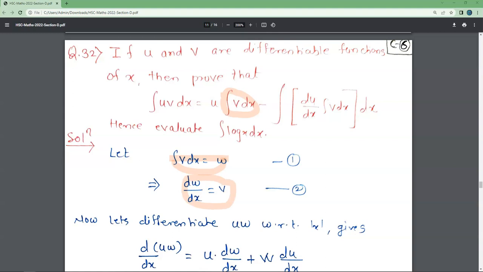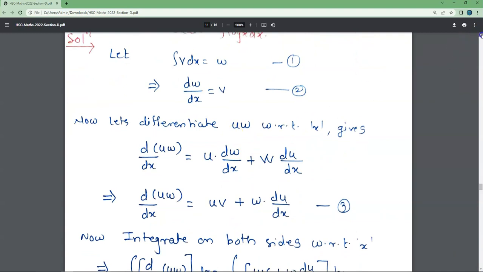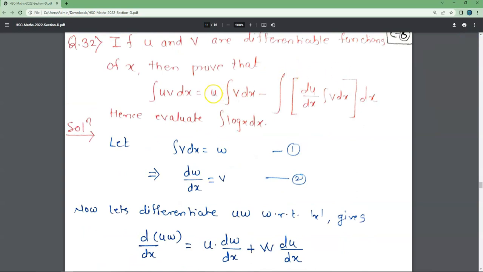Now let's try to differentiate it now. Okay. So when you try to differentiate, right? See, आपल्याला काय पाहिजे? We want this one, u and integration of v dx. मग integration of v dx म्हणजे w.